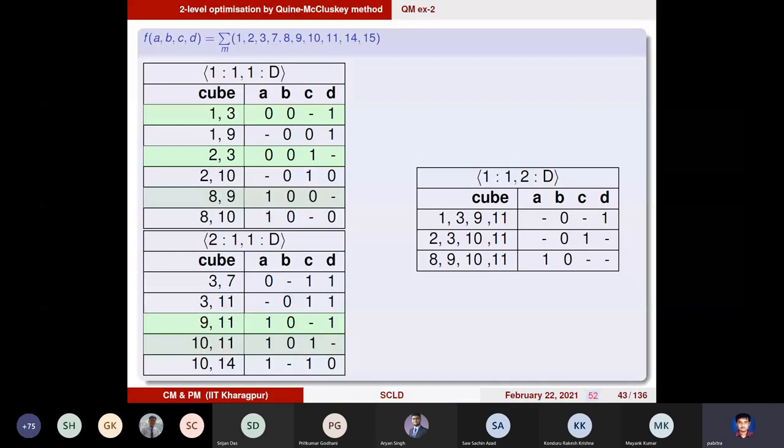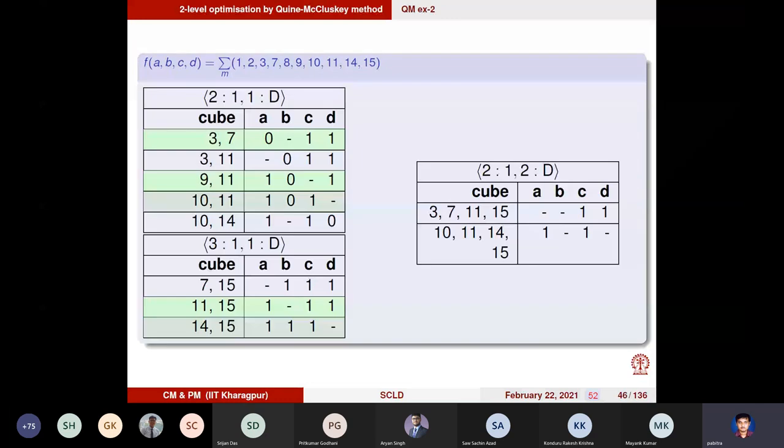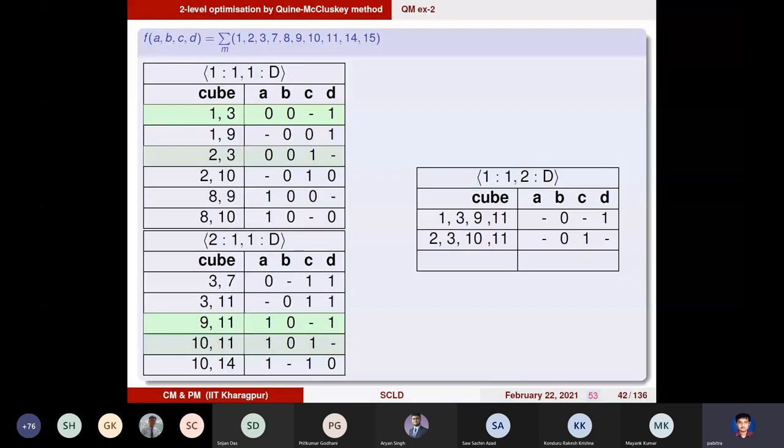Using these prime implicants that we have, let me again recollect them: 3, 7, 11, 15, 10, 11, 14, 15, 10, 14, 7, 15, 14, 15, and then here I have 1, 9, 8, 9, 2, 10, 8, 10, 3, 7, 3, 11, 10, 14. So all these are my prime implicants.